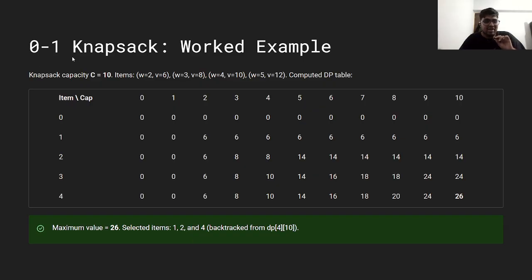Now we are going to see the knapsack problem with the DP table. Here the capacity is 10 and we have 4 items. First we initialize it by putting everything as 0 and we start filling the table.